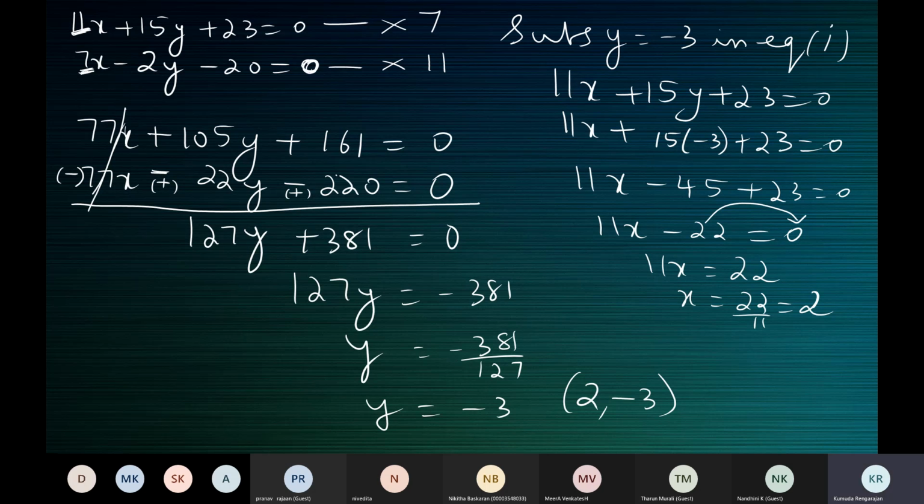When you don't change the signs, you're adding. When you change the signs throughout in the second equation, you're subtracting. So whether you have to add or subtract, it depends. If you can eliminate the variable as it is, you're adding. Now here we have to change the signs because 77x plus 77x will not get cancelled. So you have to change the signs throughout in the second equation.